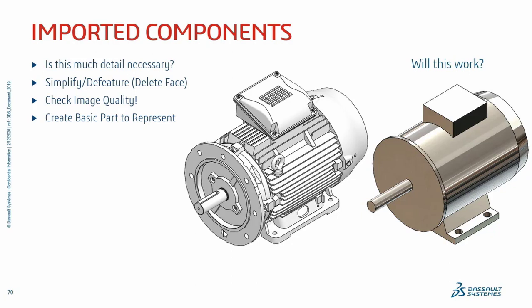Just import and simplify the part file, and create a basic representation so others can understand that this is a motor, or this kind of motor, a foot mounted or flange mounted motor. That's it. No extra data is needed in the assembly, because it will ultimately affect the performance of your CAD assembly.